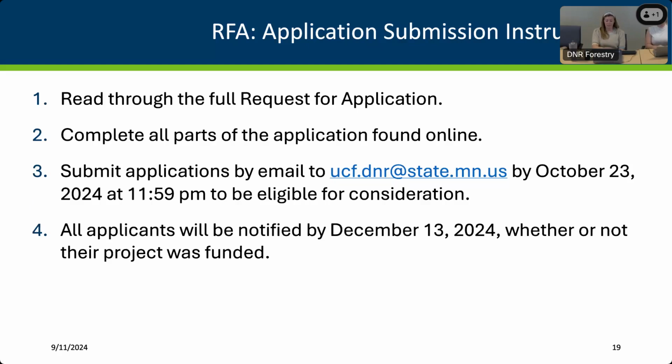Our agency is not responsible for any technical or logistical problems causing an application to be received late. The applicant is responsible for ensuring their submission is received by DNR by the deadline, and applications received after the deadline, unfortunately, will not be eligible for consideration. All applicants will be notified by December 13th whether or not their project will be funded.